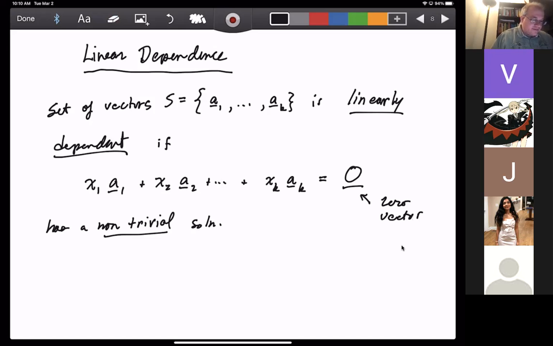And we want a non-trivial solution. So clearly we could just take x1, x2 up to xk equals 0 and have a solution. But if we can solve this equation without all of the x's being 0, we call that a non-trivial solution.